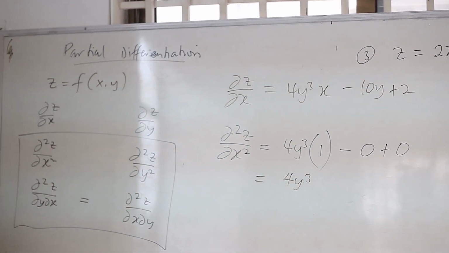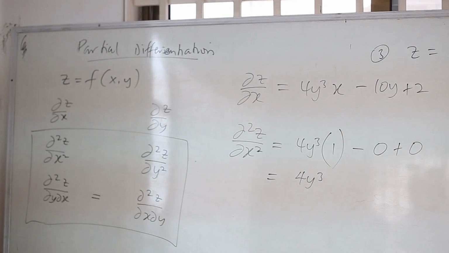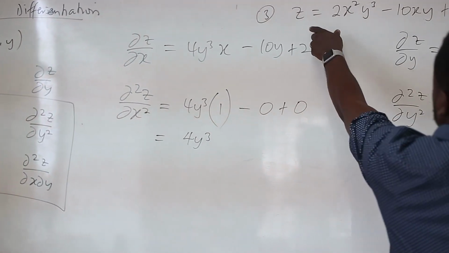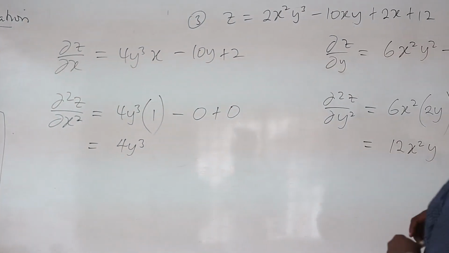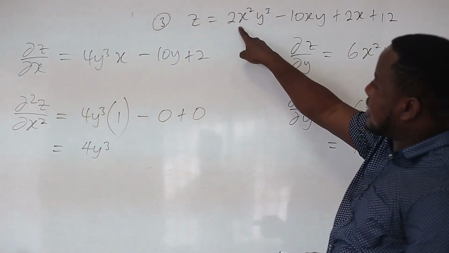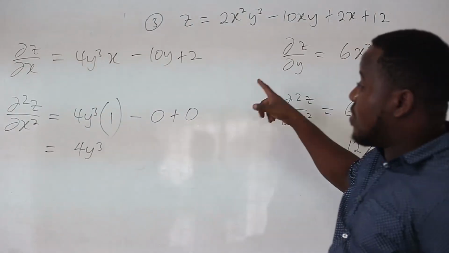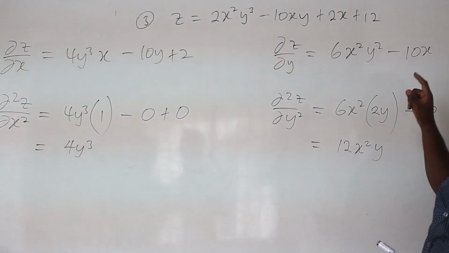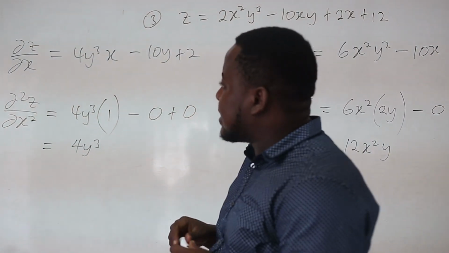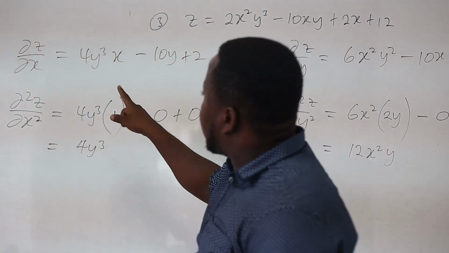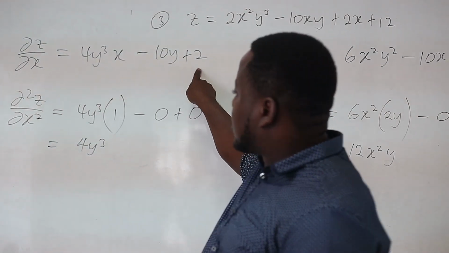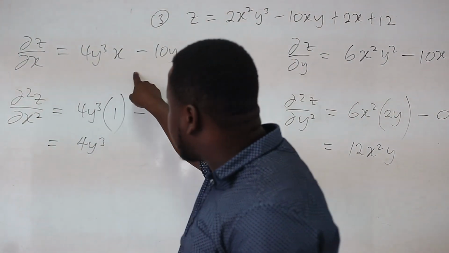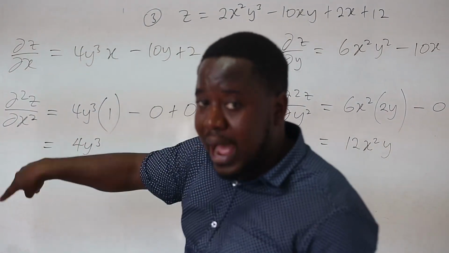Okay. So the next thing we'll do is, remember when we have z equal to this function, we differentiate it with respect to s to have this. We differentiate the same function with respect to y, and we have this. So when we want to find the second order derivative, we differentiate this function with respect to s, and again differentiate it with respect to y.